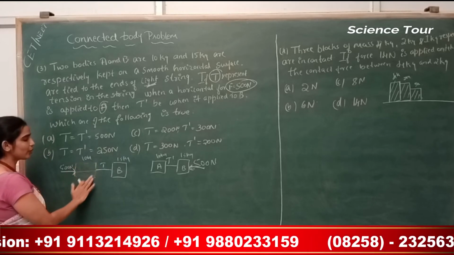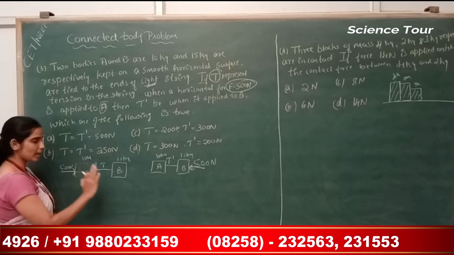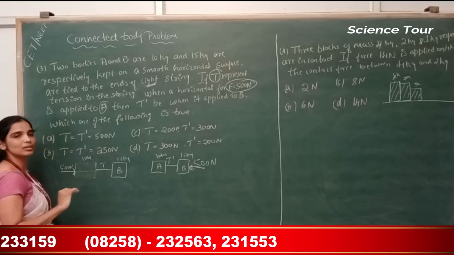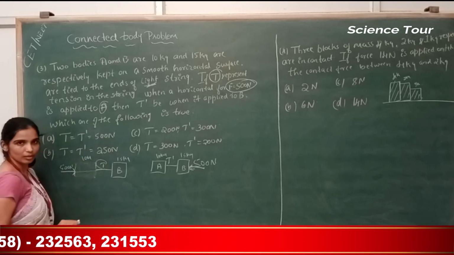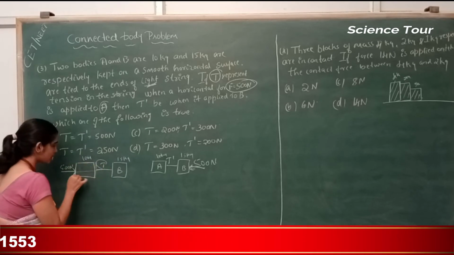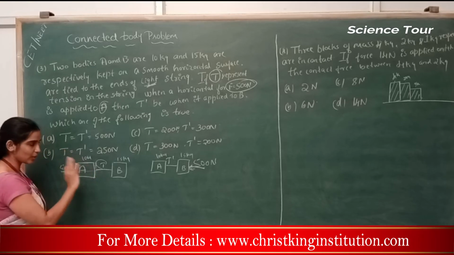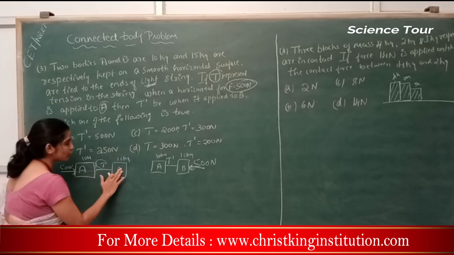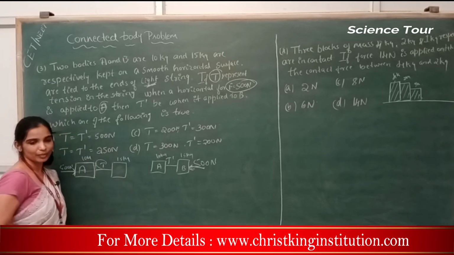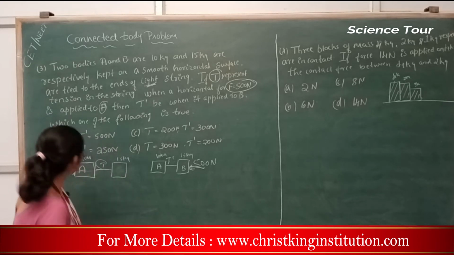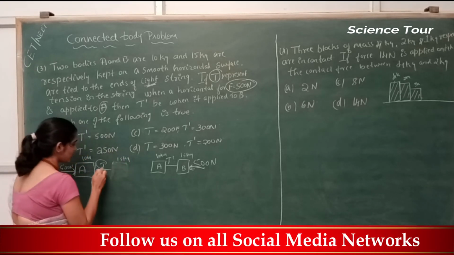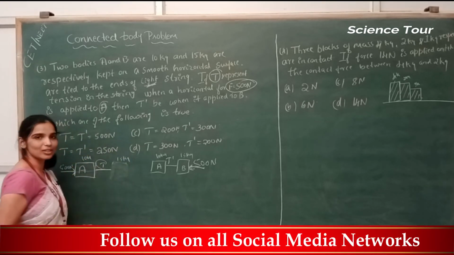We are just removing the mass. The force is there, mass B is there, the string is there, so there will be tension. So if mass A is 0, tension is not 0. But if mass B is 0, if you remove this whole mass, then there won't be any tension in the string.